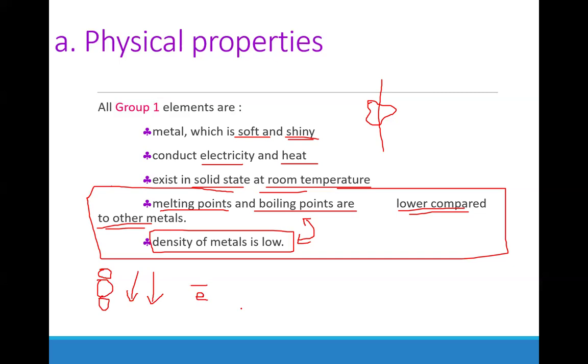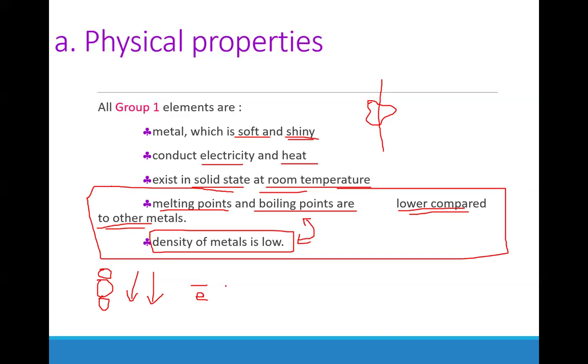And that's why the electrostatic forces of attraction, the metallic bonds between the metal atoms, are very weak. That's why they have low melting and boiling points as compared to other metals, for example transition metals like iron or copper, which have higher melting and boiling points.